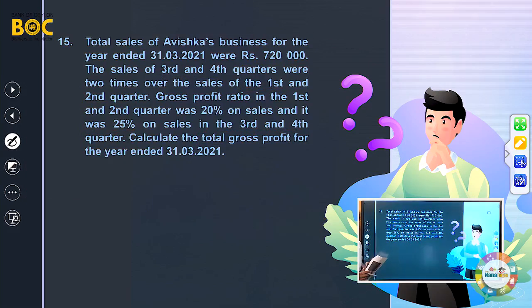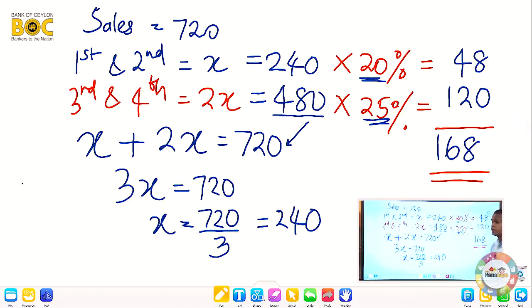The total sales of the company was 720,000. We separated it into the first and second quarters and the third and fourth quarters, and separately we calculated the gross profit. Why? They have different profit percentages: the first two quarters 20%, the third and fourth quarters 25%.